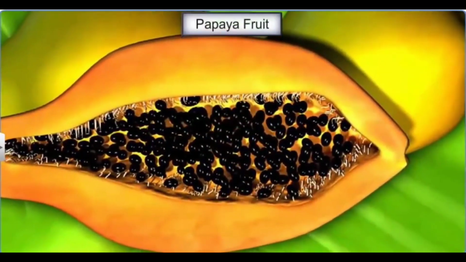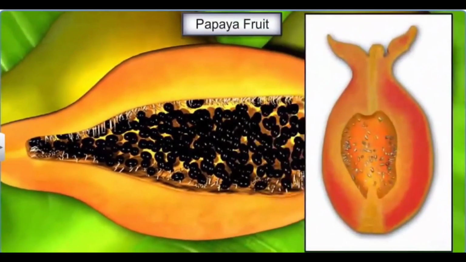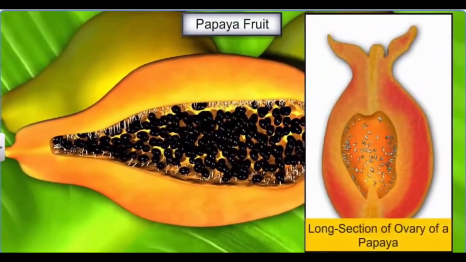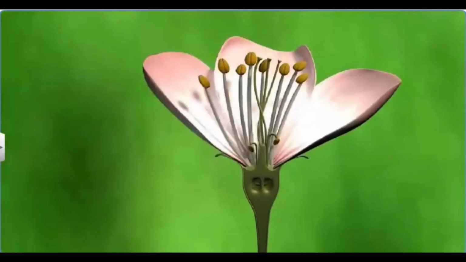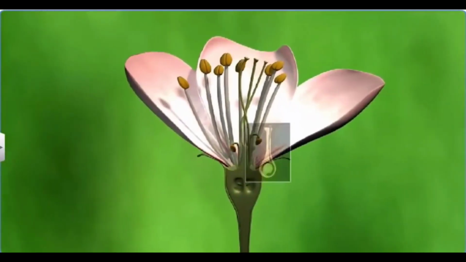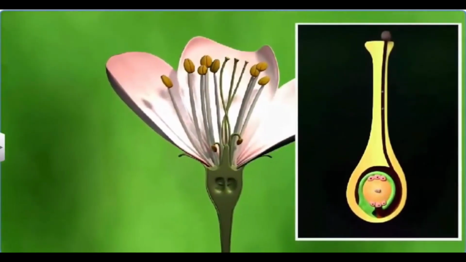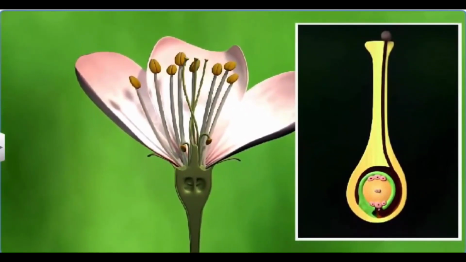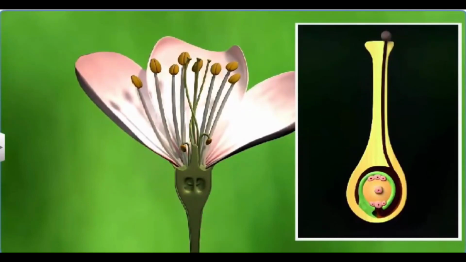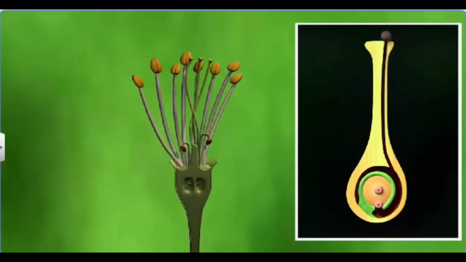Fruit, the final product of sexual reproduction, develops from an ovary post-fertilization. Incidentally, in most cases, fertilization and the development of fruit triggers the withering of other parts of the flower, including the sepals, petals, and stamens.